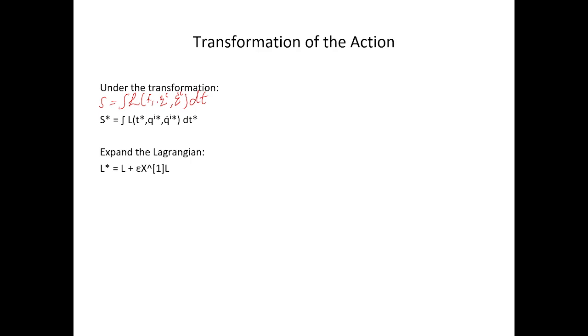This was the action of the dynamical system before transformation, and after transformation this is the action of the dynamical system. So how is this equation derived? Let's do it.